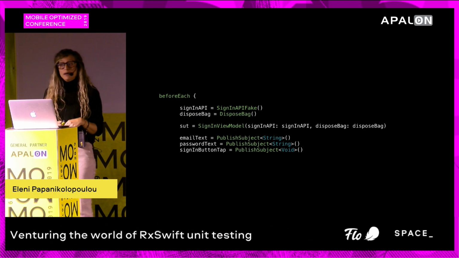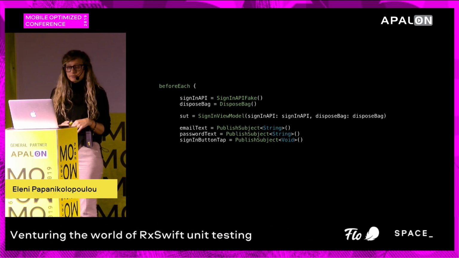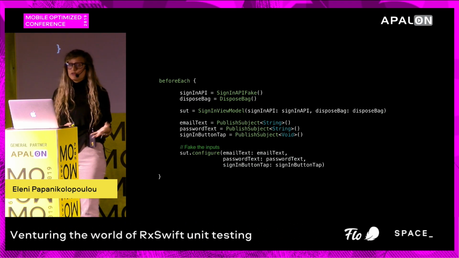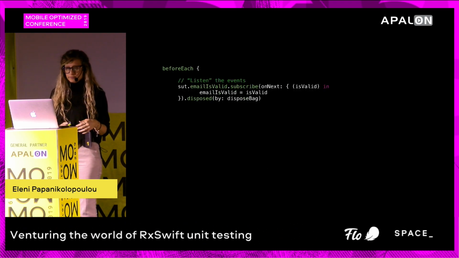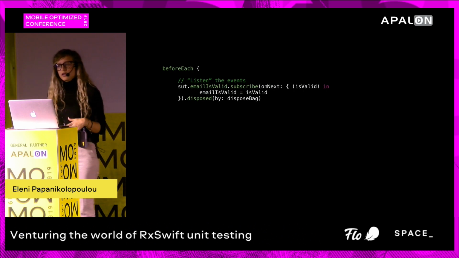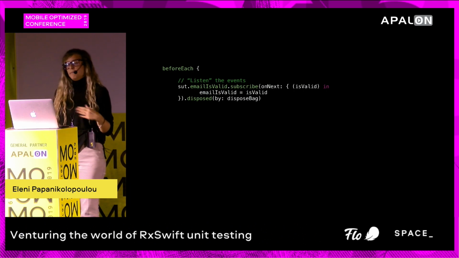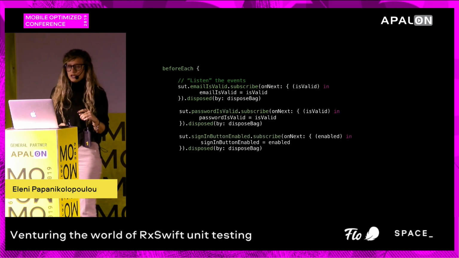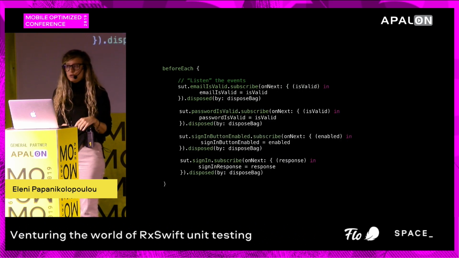We initialize our public subjects, and we pass those public subjects in the configure method of the view model. What we also have to do in the beforeEach is subscribe to each one of the output observables of the view model and store the values of the events emitted in the properties that we specified earlier. We do that for each one of the output observables.